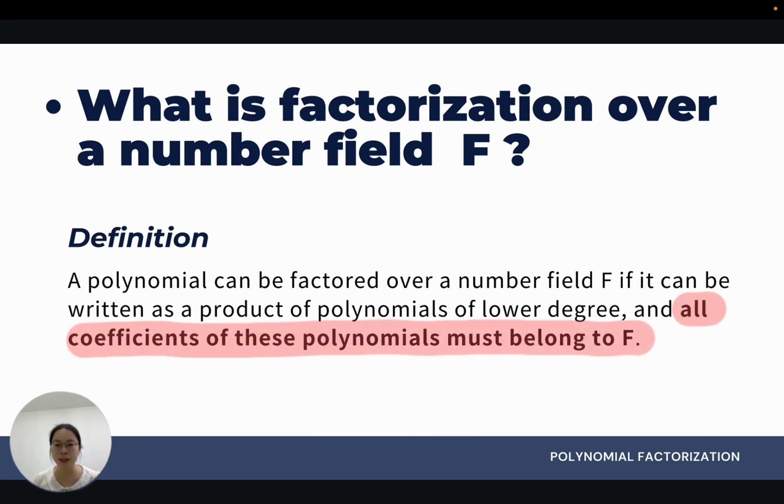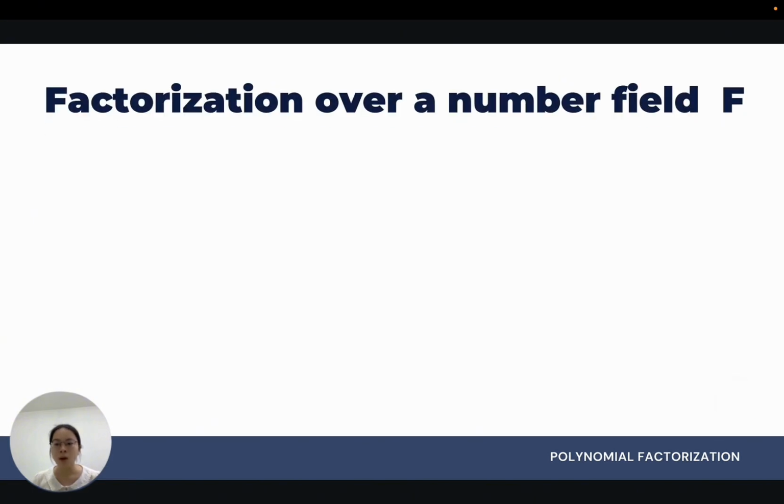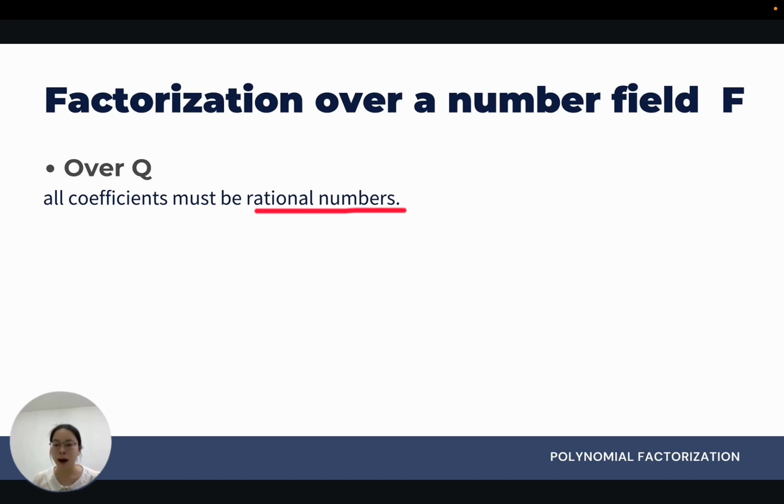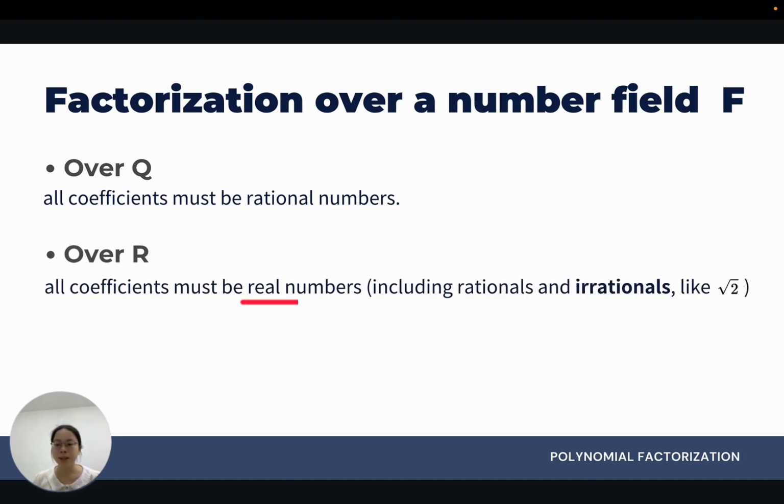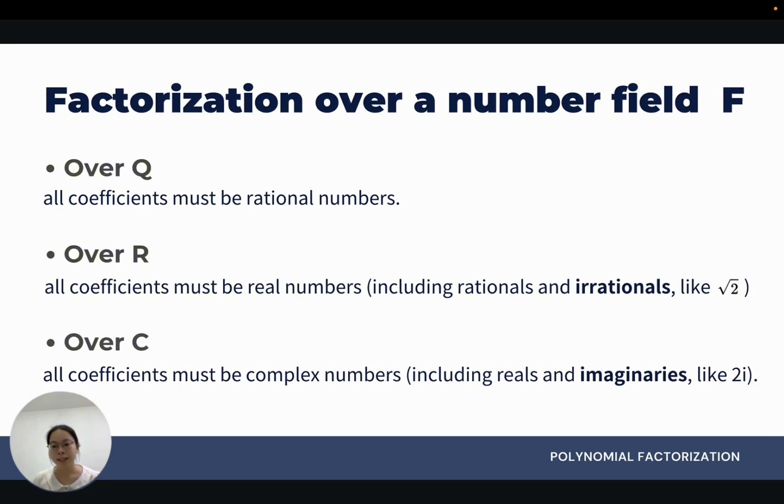It is important. That is to say, over Q, all coefficients must be rational numbers. Over R, all coefficients must be real numbers. Similarly, over C, all coefficients must be complex numbers.